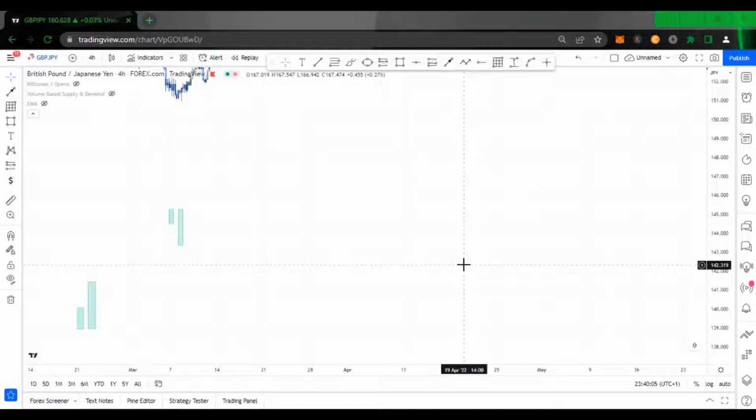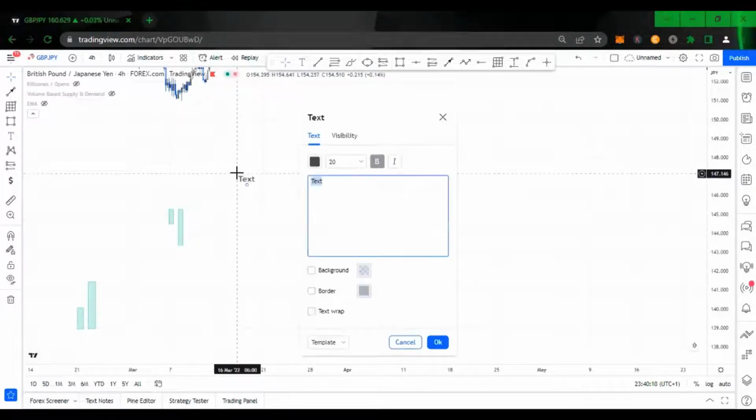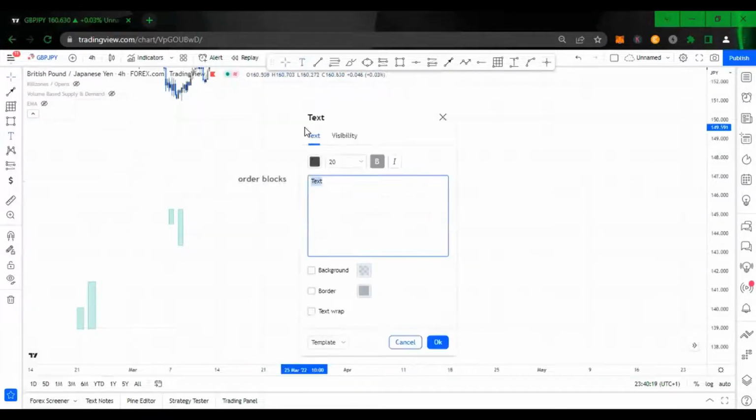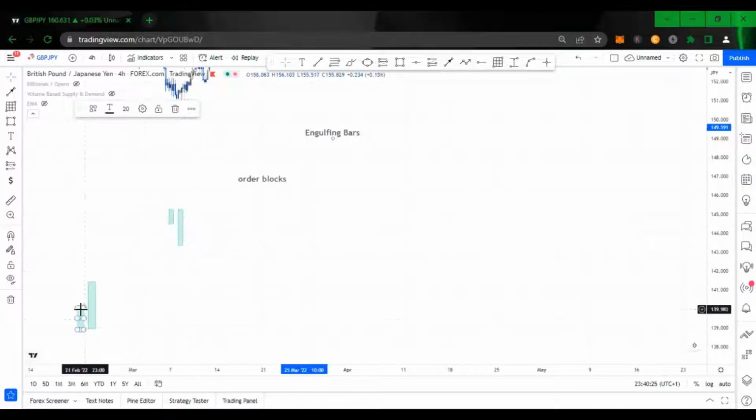Now, when we are learning candlesticks, we learn something like engulfing bars. What you see right here is an engulfing bar.